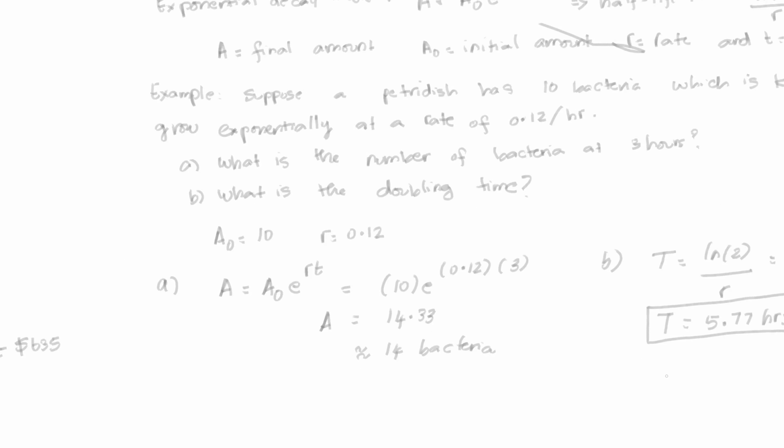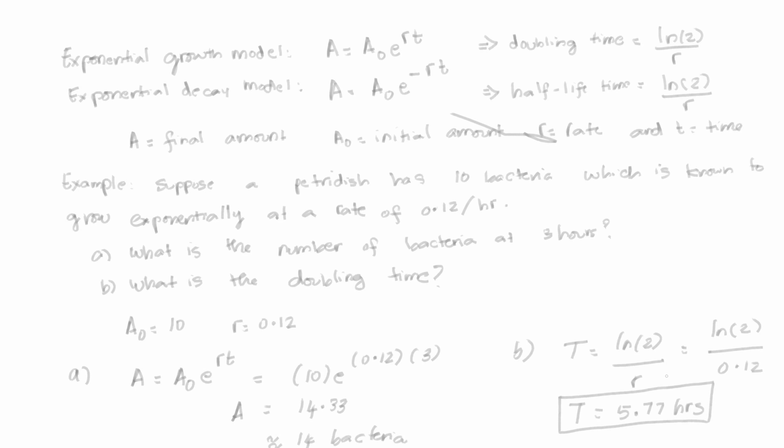Now, extending the idea of compound interest, if we change the formula, we end up getting two different models. One is the growth model, the other is the decay model. You can see the difference between the two is just a negative sign. Here, A is the final amount, A naught is the initial amount, r is the rate, and t is the time.